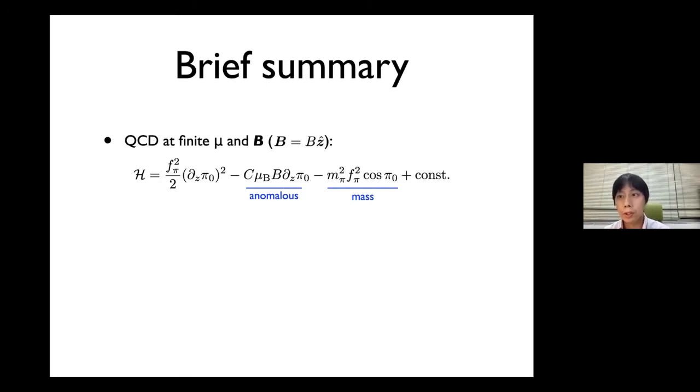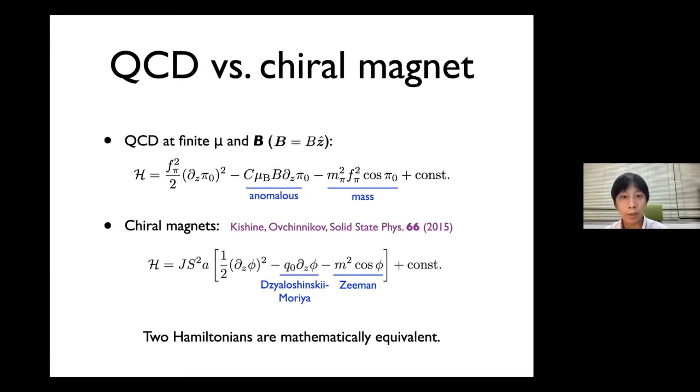And in order to provide an explicit solution, it is interesting to notice that actually exactly the same form of the Hamiltonian is already known in condensed matter physics. That is the Hamiltonian of chiral magnets, given by this expression.